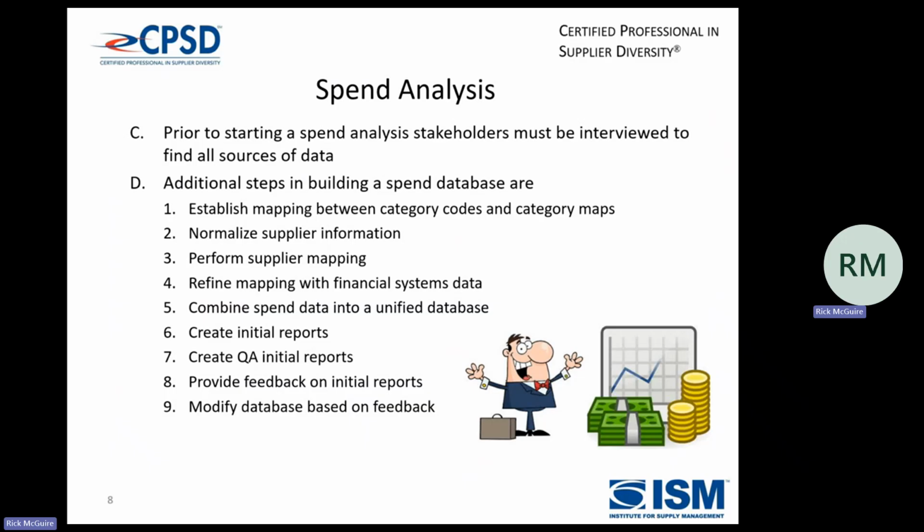Normalize supplier information, like how a supplier's name is spelled, so it's only in there one way. Perform supplier mapping, refine mapping with financial systems data, and combine spend data into a unified database, some kind of electronic data warehouse. Create initial reports, QA initial reports, provide feedback on initial reports, and modify the database based on feedback.